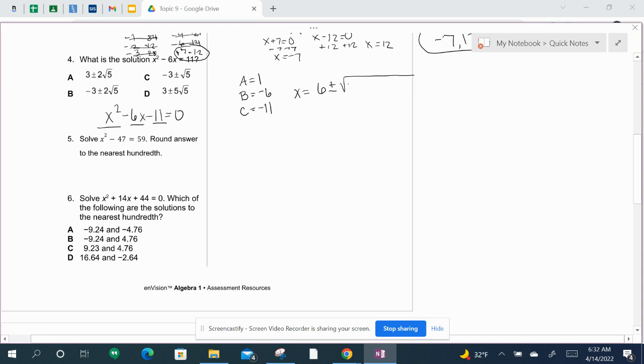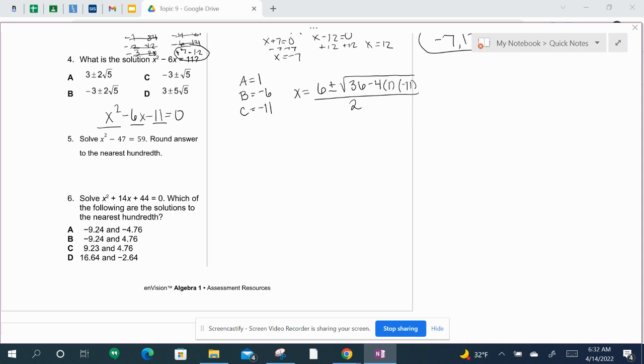So negative 6 times negative 6 is a positive 36. Remember, that first number will always be a positive. Minus 4 times a, which is 1, times c, which is negative 11, all over 2 times a, which is 2.